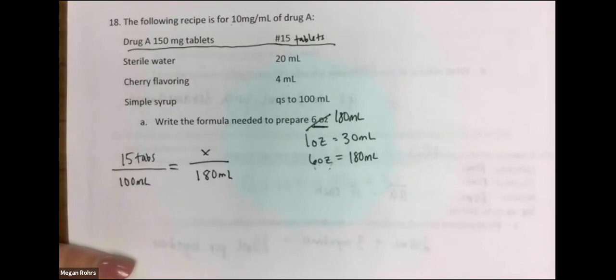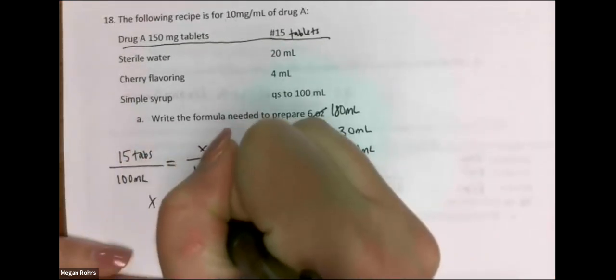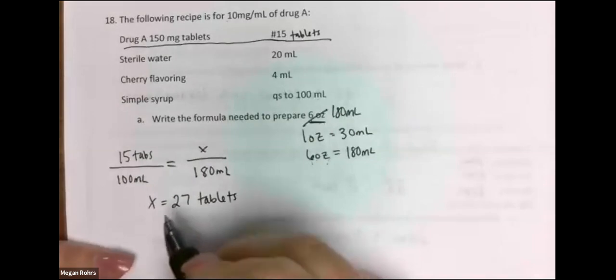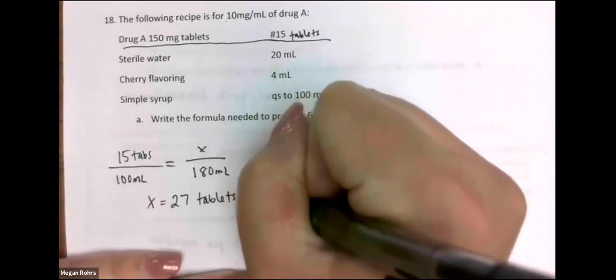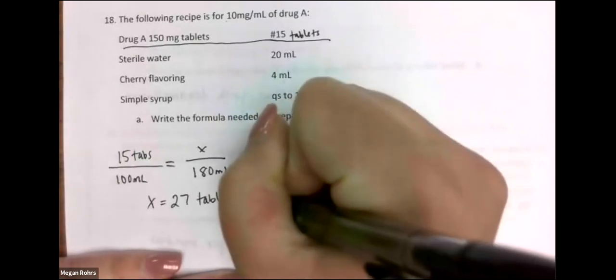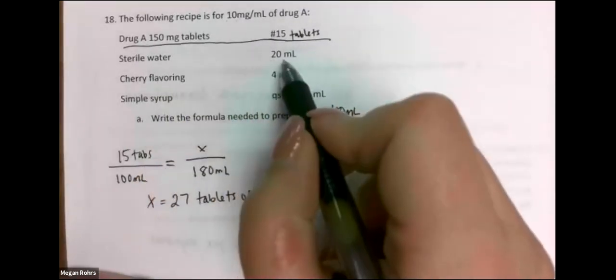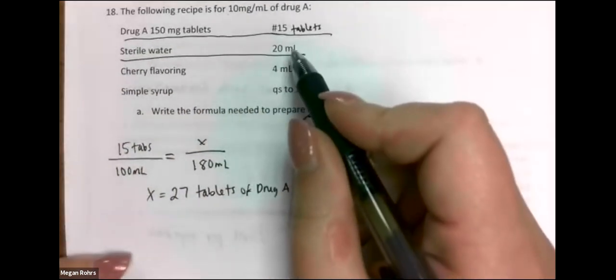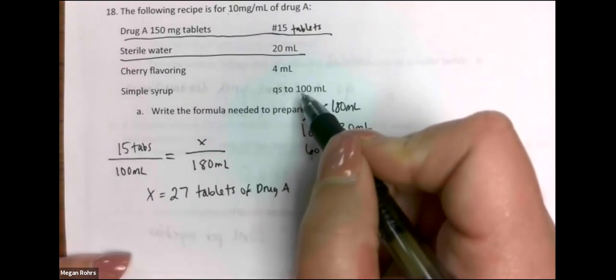So 15 times 180 divided by 100, x gives me 27 tablets. So for this formula, I would need 27 tablets of drug A. And then we're going to do the same thing for the sterile water. So 20 mils, I know that there's 20 mils in my 100 mil recipe. So I would set that equal to, once again, x over 180.